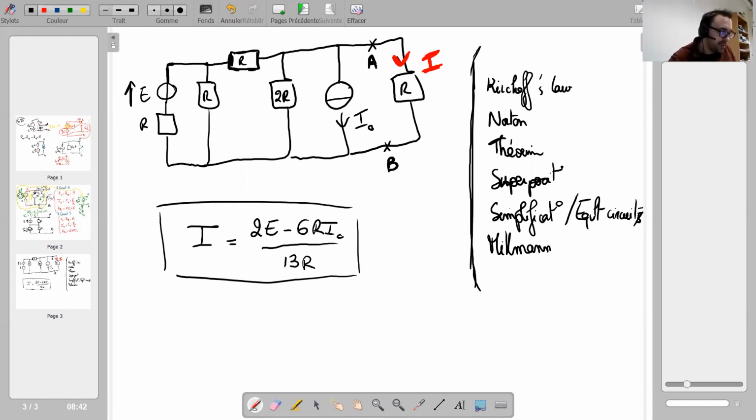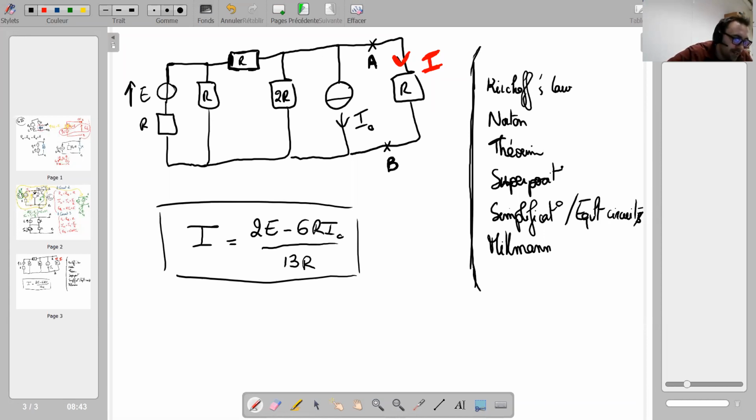Then you can practice, pick another method. Try to make the same exercise with the same circuit with all of these methods, just again to practice, to feel at ease with whatever model or theorem you're using.